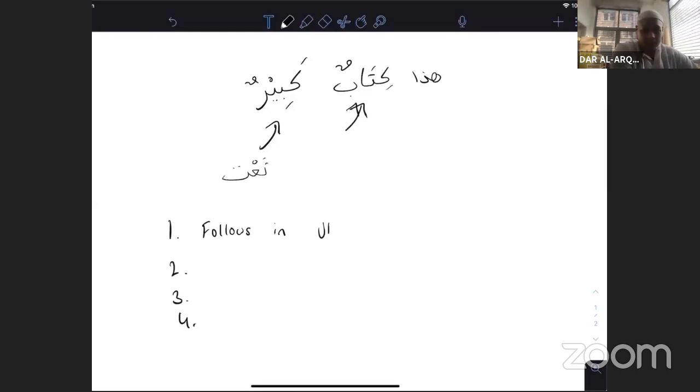In our case, kitabun is the original word and it doesn't have al, therefore the adjective cannot have al. That's number one. Number two, it follows in state. What do I mean by that? If the original word is marfu', then the adjective has to be marfu'. If the original word is mansub, then the adjective has to be mansub, and so on and so forth.